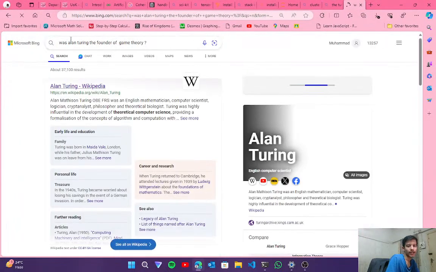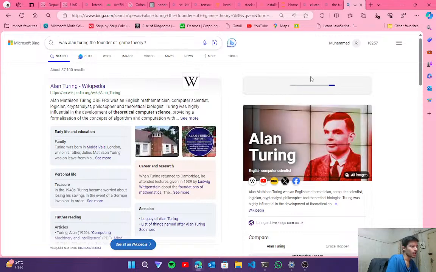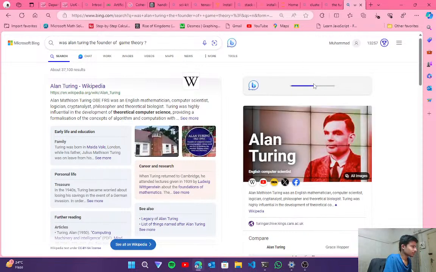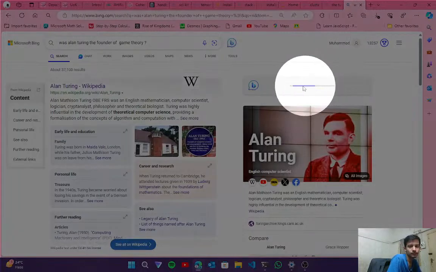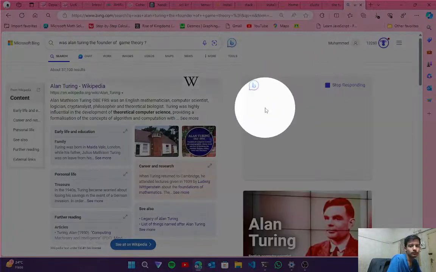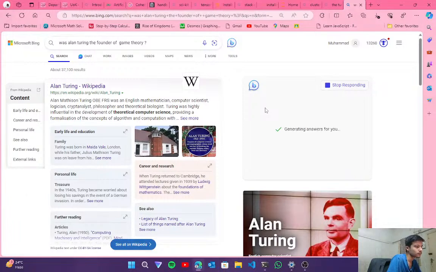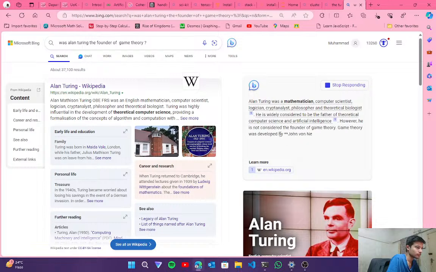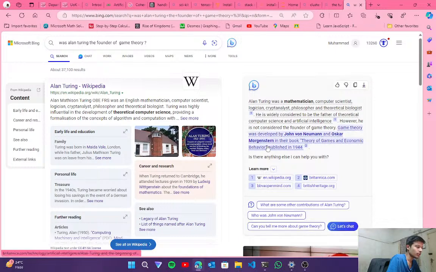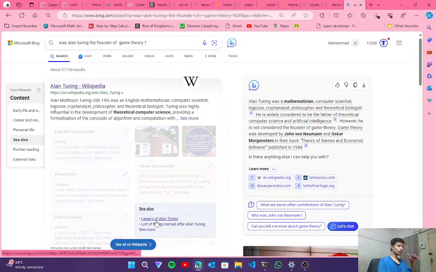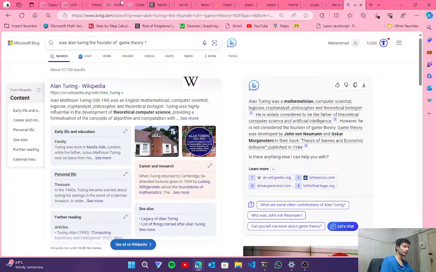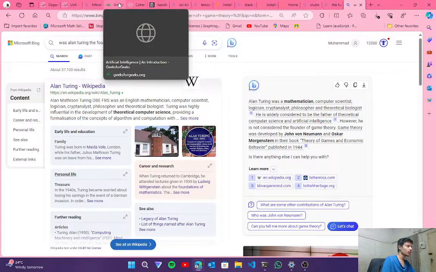Let's see what AI has to answer for that, for its potential father. John von Neumann and Oscar Morgenstern, in the book Theory of Games and Economic Behavior, published in 1944. Okay, so von Neumann was also a computer scientist, and I have heard his name before, but let's just move on.